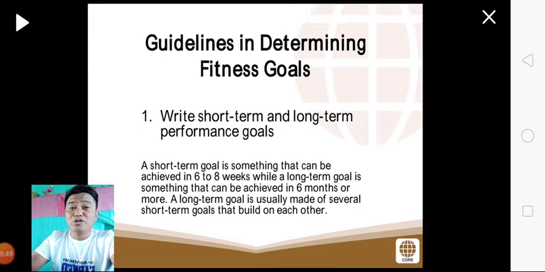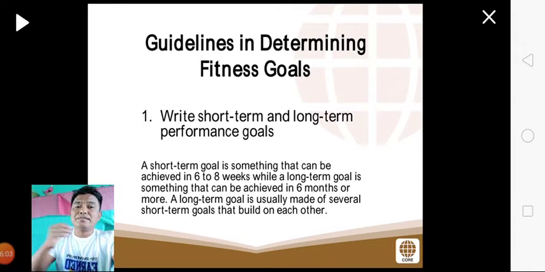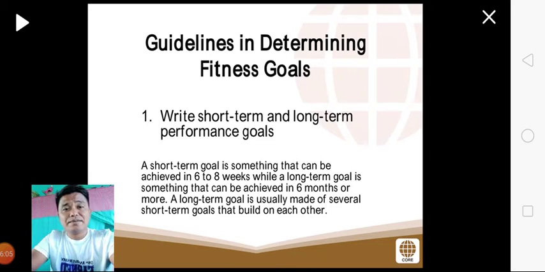So your 6 weeks belongs to the short-term. While a long-term goal is something that can be achieved in 6 months or more. A long-term goal is usually made up of several short-term goals that build on each other. It is the same as in a relationship.